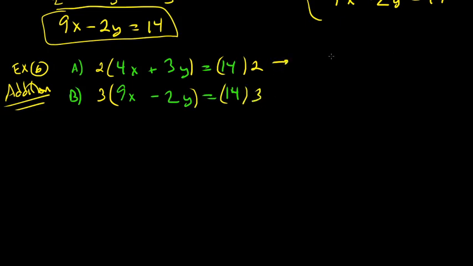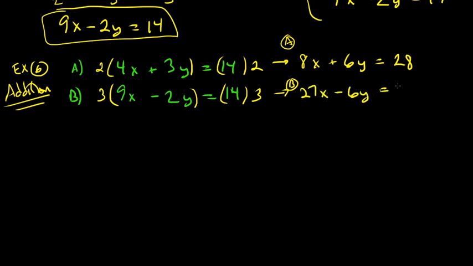So we get 8x plus 6y equals 28 for equation A. And for equation B, we get 27x minus 6y equals 42. 14 times 3 is 42.